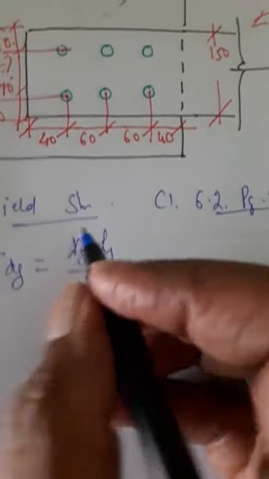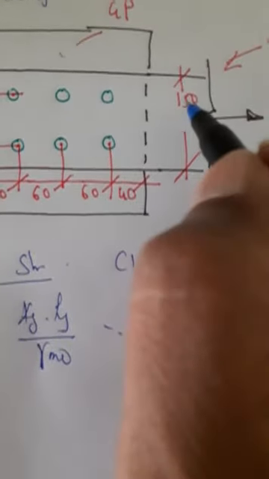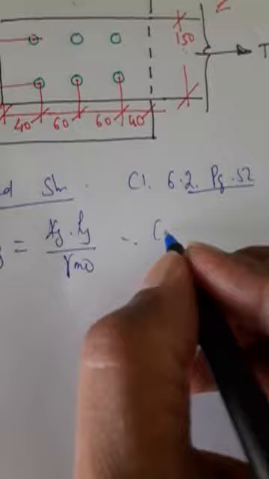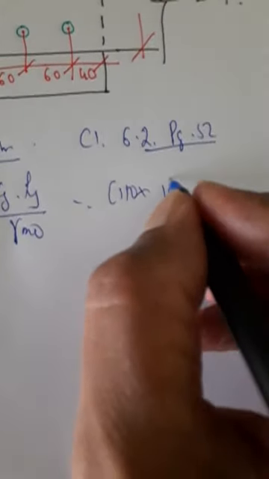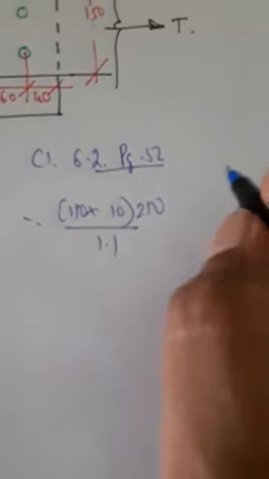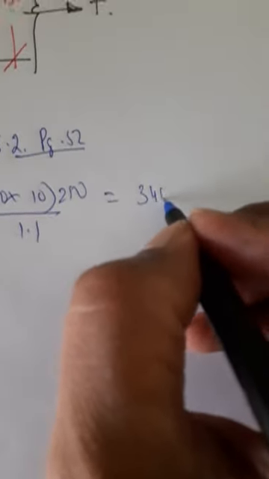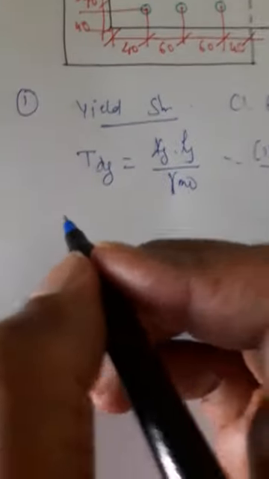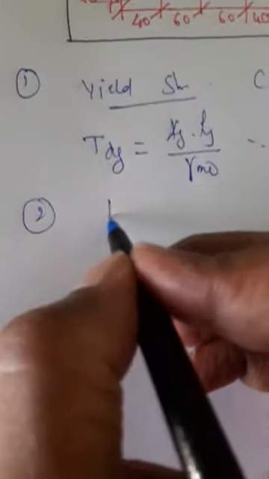So AG is the gross area of this plate, B into T. B is 150, T is 10. 150 into 10, FY 250, 1.1. So you have the value 340.9 kilonewtons.